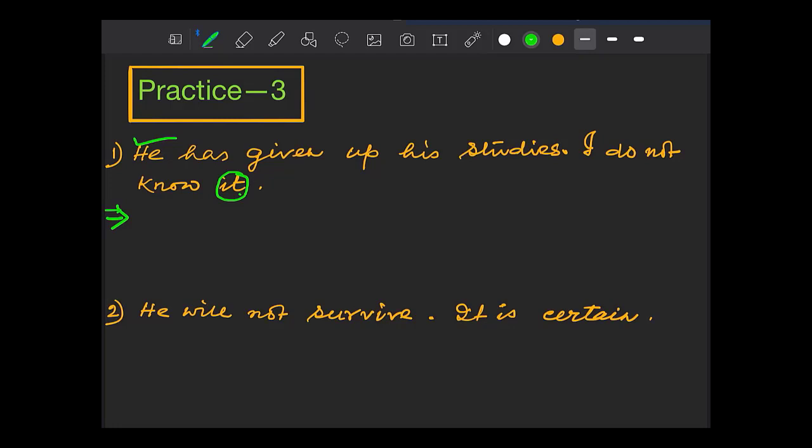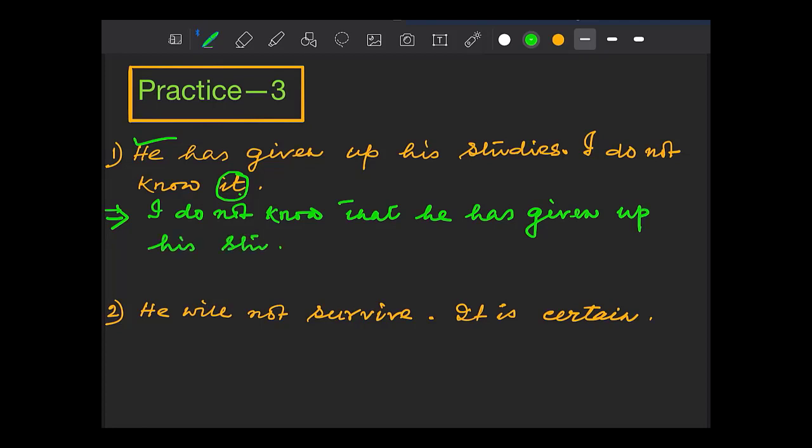I do not know that he has given up his studies. Know is the verb, and that he has given up his studies is an object.